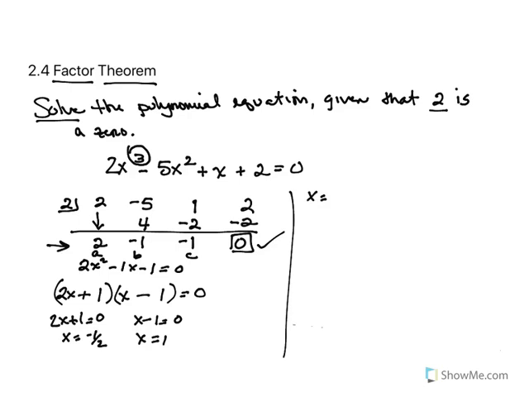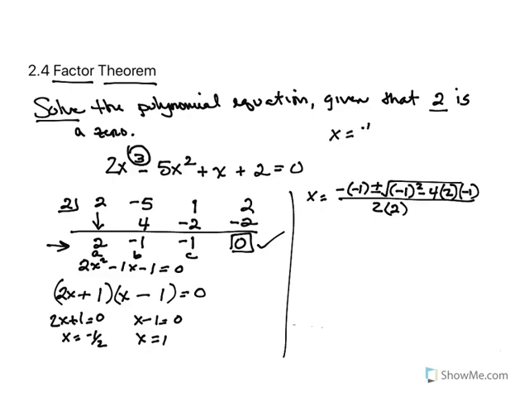X equals plus or minus negative 1 squared minus 4. All right, so we want to write this out and we just substitute it into our quadratic formula.